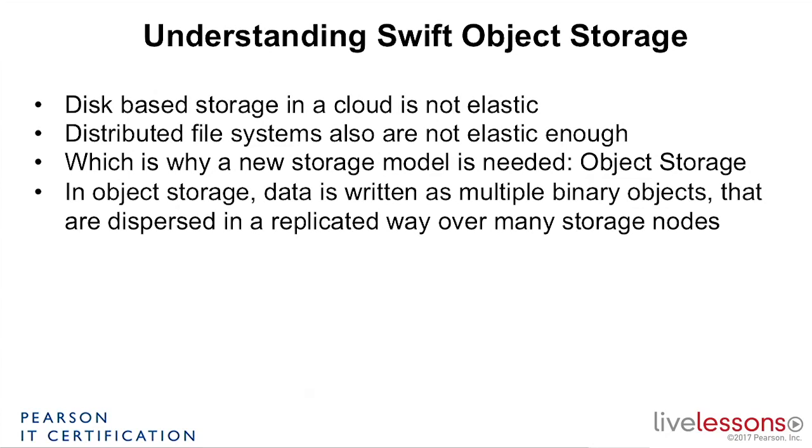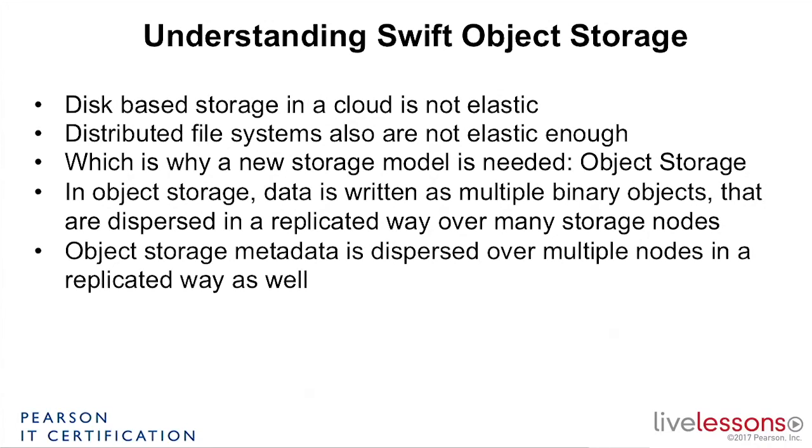In object storage, data is not written as a file. It is written as multiple binary objects, and the binary objects are dispersed in a replicated way over many storage nodes. The object storage metadata is dispersed over multiple nodes in a replicated way as well. And the result of this is that when an application is trying to access these binary objects in order to read its data, it doesn't really matter which node it is getting it from.